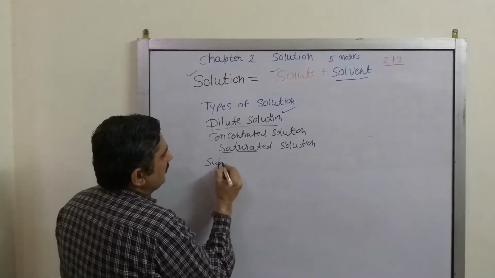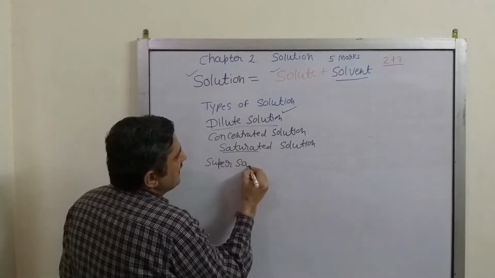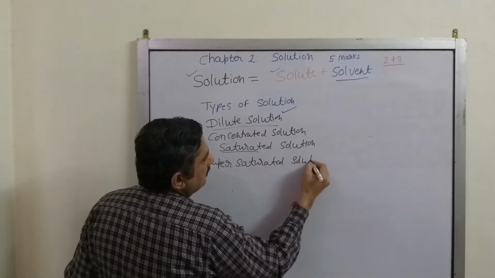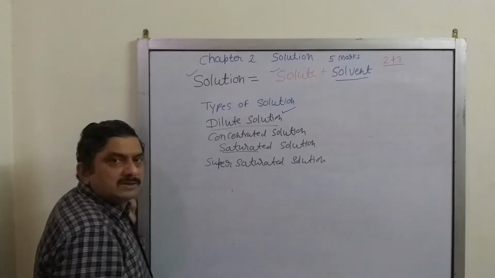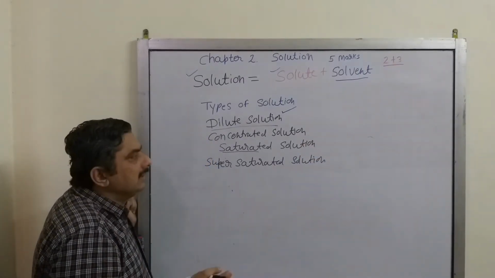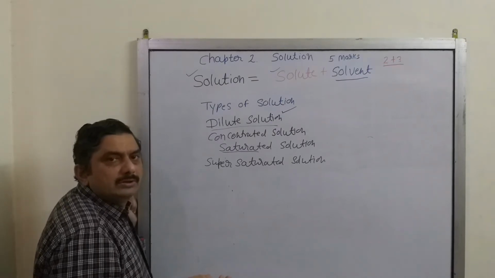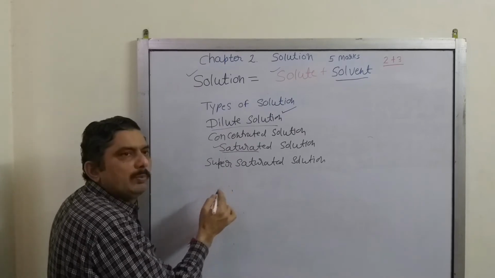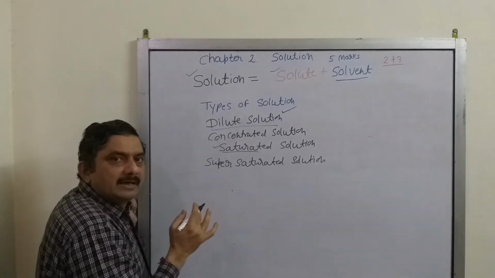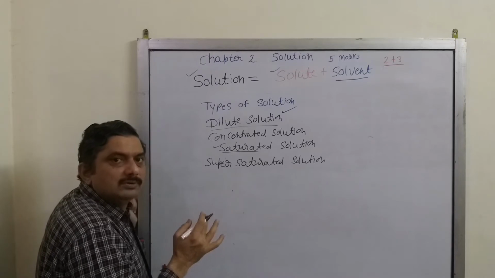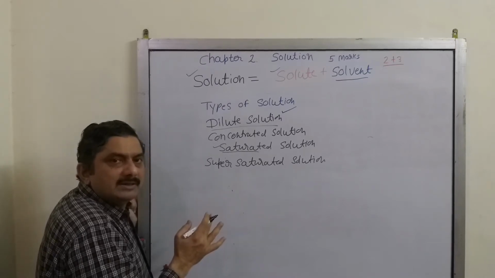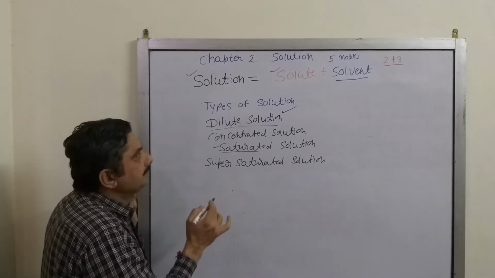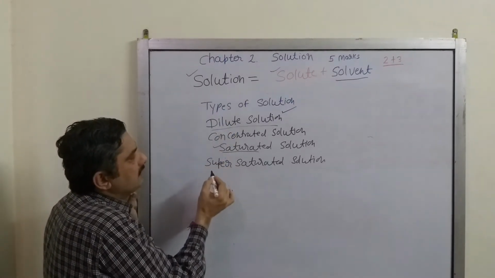Next and fourth one, supersaturated solution: the solution which has excess of solute over that required for a saturated solution is called supersaturated solution. Here, the excess of solute can be separated by applying filter paper. So these are the 4 types of solution.